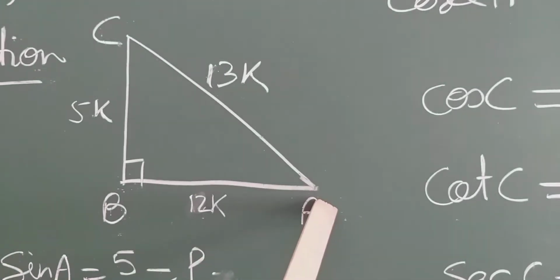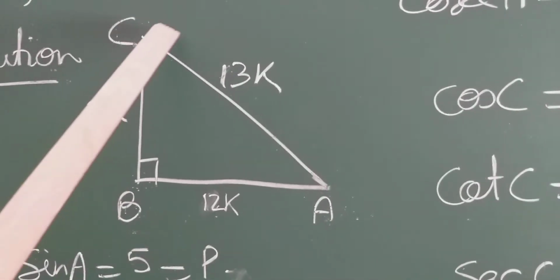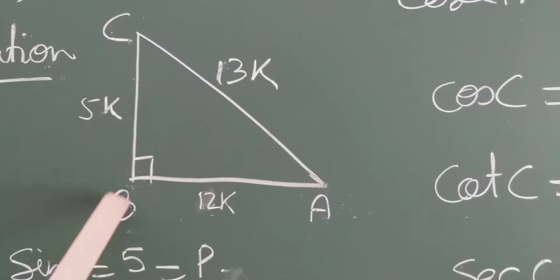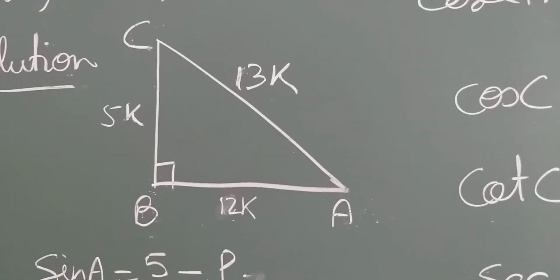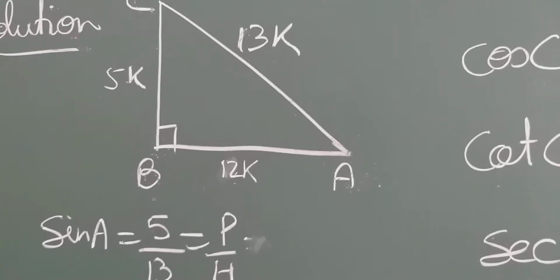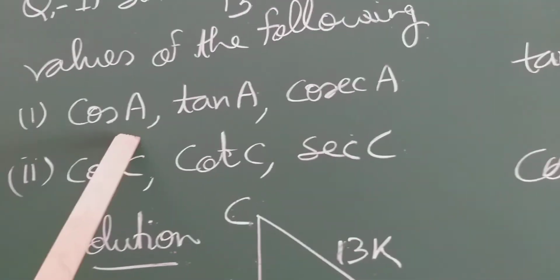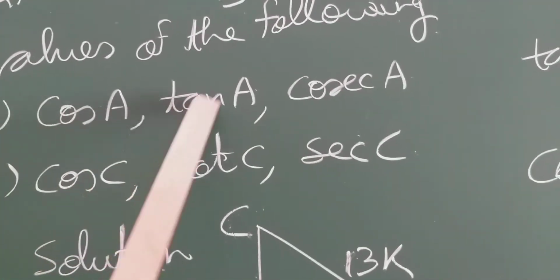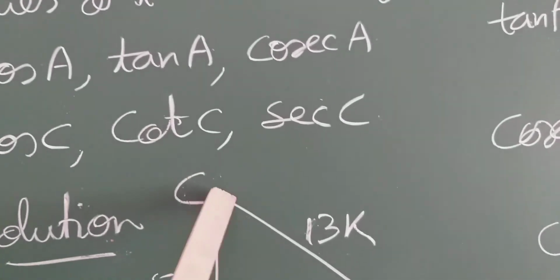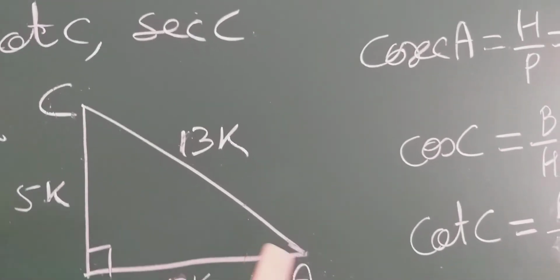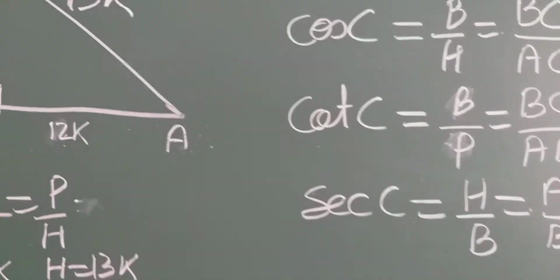Hypotenuse will always be the same. And for angle C, BC is base, AB is perpendicular and hypotenuse will remain the same. Okay students, these values written here, cos A, tan A and C, are showing angles. Correct students? So this is the method.